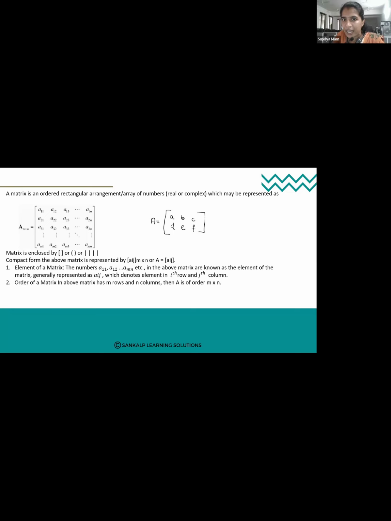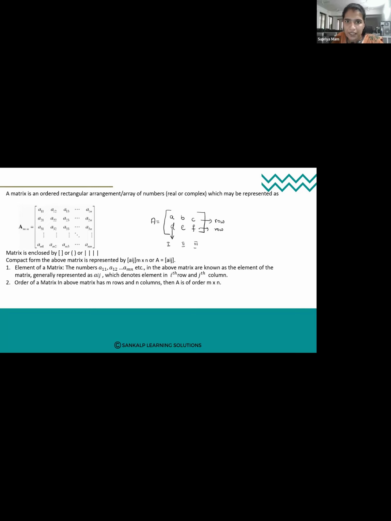Here, A, B, C forms first row of the matrix. D, E, F forms second row of matrix. So in this particular case, I have two rows, whereas A, D forms first column, B and E forms second column, C and F forms third column of the matrix.